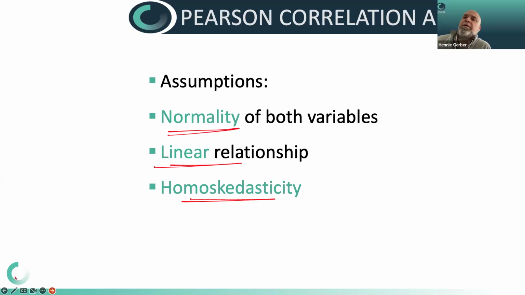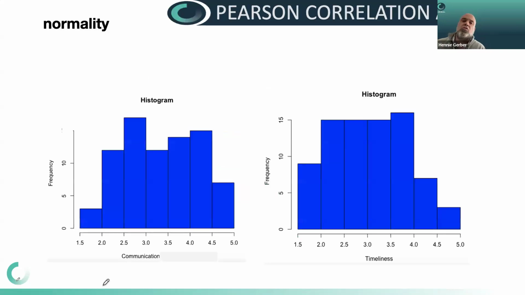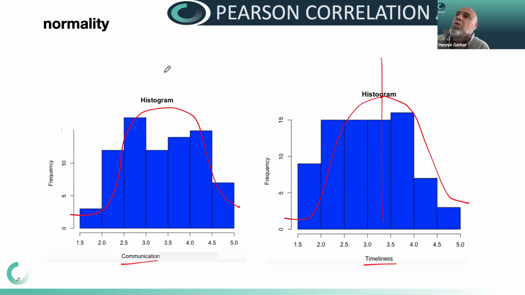Now let us look at the histograms, or the distributions, of the two variables. There's communication and there's timeliness. You can see that communication is normally distributed. Timeliness is also normally distributed. Normally distributed would mean a symmetrical distribution, where both sides are the same.